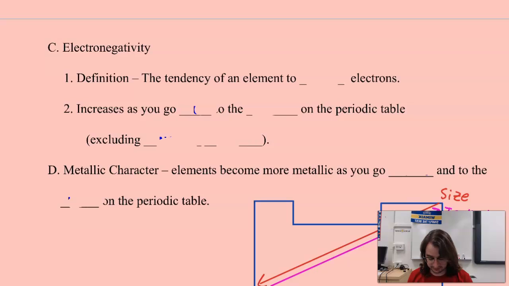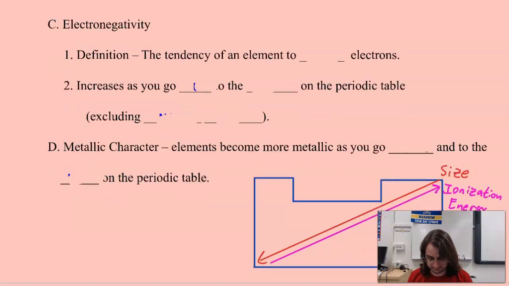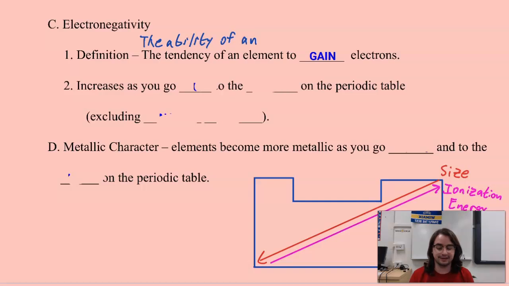It's also what I would call the ability of an atom to attract electrons. I think both are great definitions of what we're talking about here with electronegativity. So the tendency of an element to gain electrons and the ability of an atom to attract electrons.